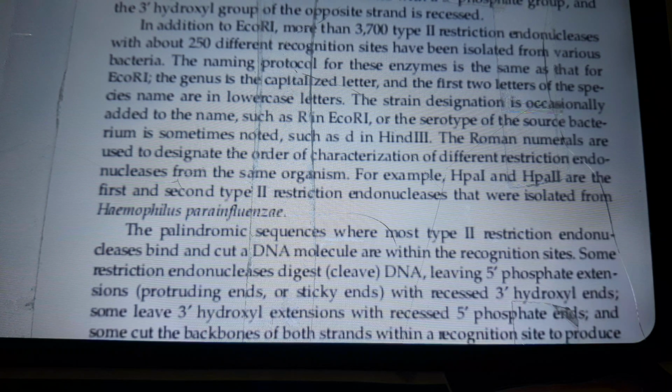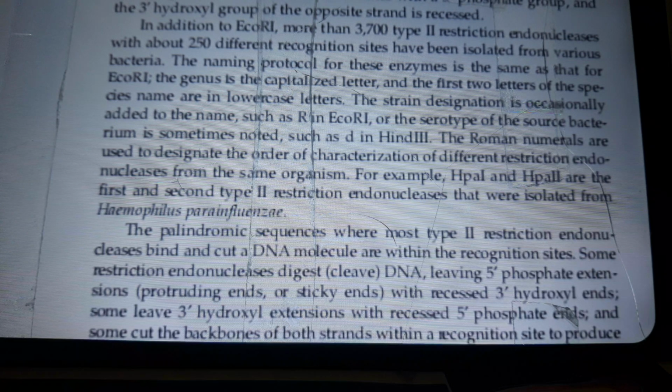In addition to EcoRI, more than 3,700 type 2 restriction endonucleases with about 250 different recognition sites have been isolated from various bacteria. The naming protocol for these enzymes is the same as that for EcoRI. The genus is the capitalized letter, and the first two letters of the species name are in lowercase.